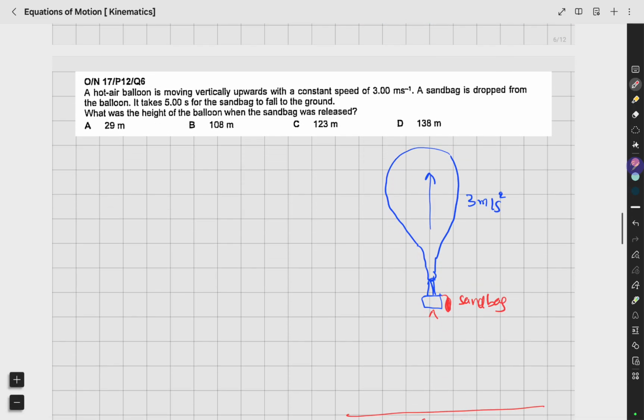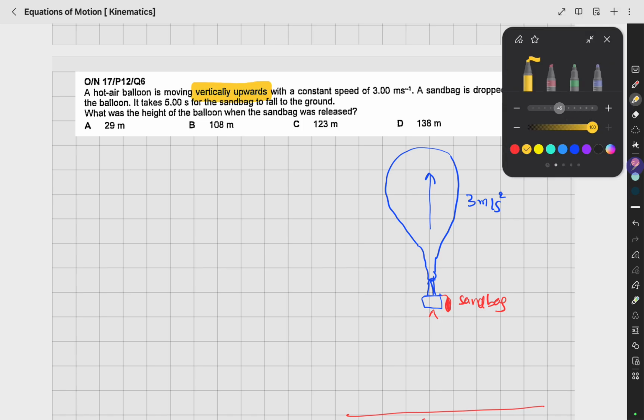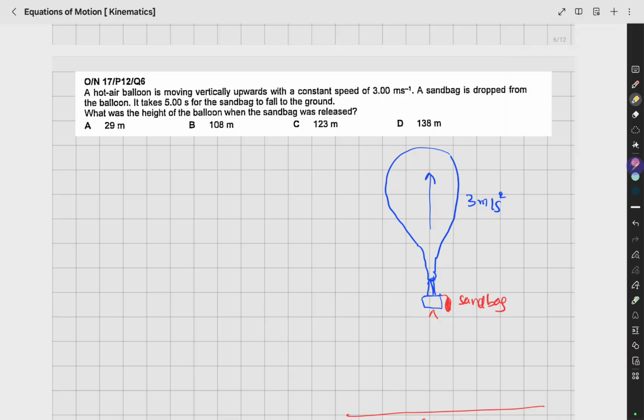Okay, let's move to another question. Slightly trickier. A hot air balloon is moving vertically upward. Vertically upward is important. It's moving with a constant speed of 3 meters per second. It means that the hot air balloon is going upward at 3 meters per second.